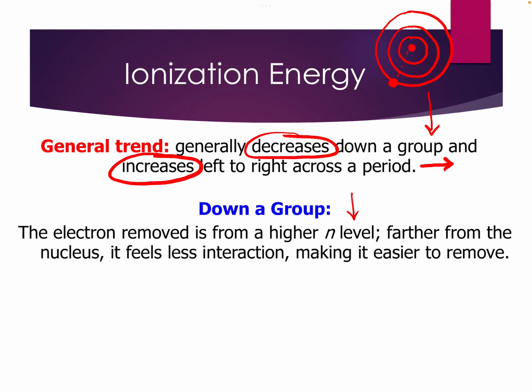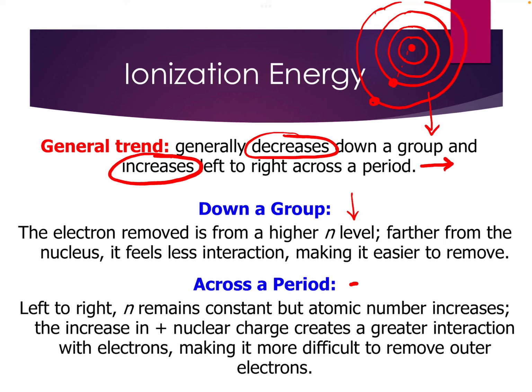But the farther out it is, the less attraction it feels to the nucleus, simply because it's farther away. So electrons that are way out are not very attracted to the nucleus, so they have a low ionization energy. The bigger our atom is, the lower the ionization energy, because that valence electron is so far from the nucleus, it's not really experiencing an attraction.